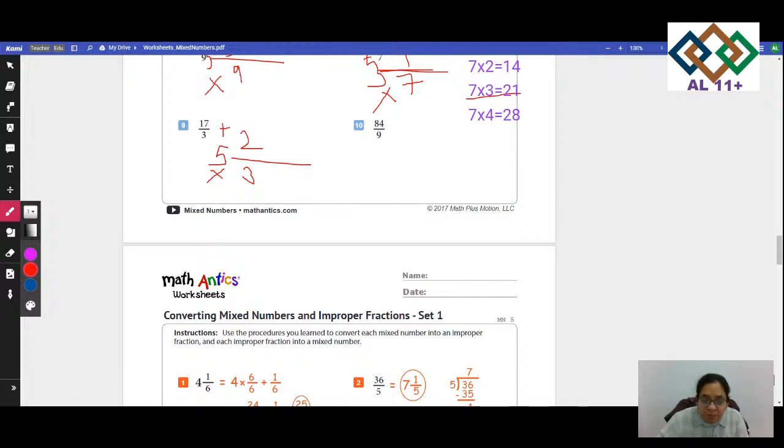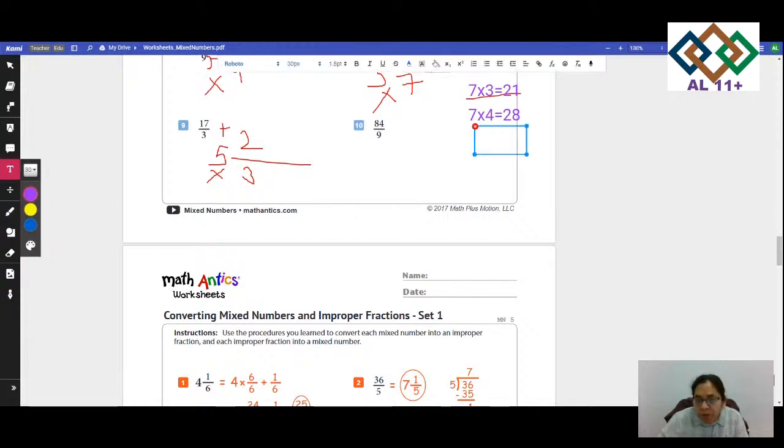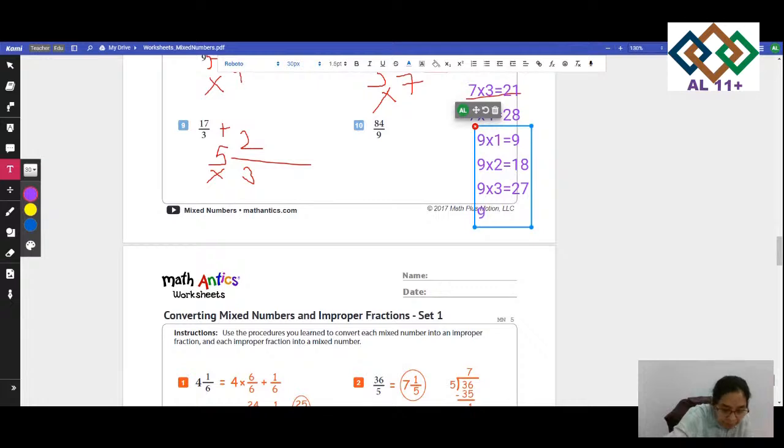Now the last one is 84 by 9. So again, you should be knowing your 9 times table. So let's start doing 9's table. 9 ones are 9. 9 twos are 18. 9 threes are 27. 9 multiplied by 4 is 36.